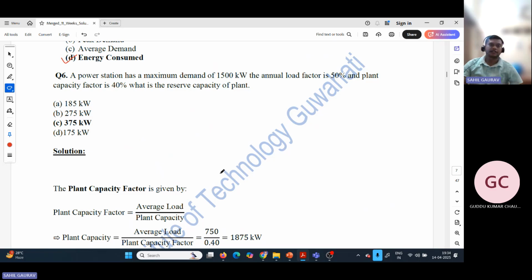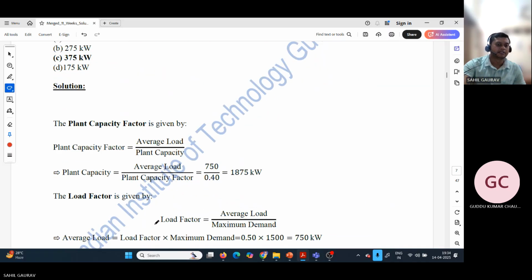Next we have a power station that has a maximum demand of 1500 kilowatt, the annual load factor is 50% and the plant capacity factor is 40%. What is the reserve capacity of the plant? So we have seen plant capacity factor. Plant capacity factor is annual energy produced upon the maximum plant rating.